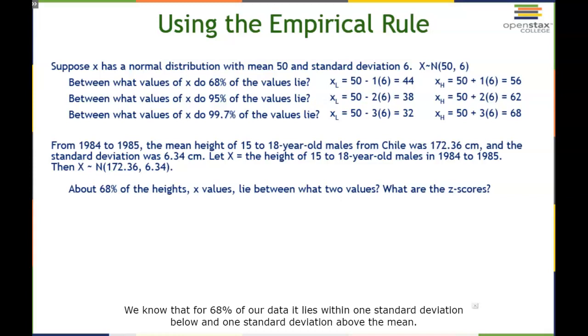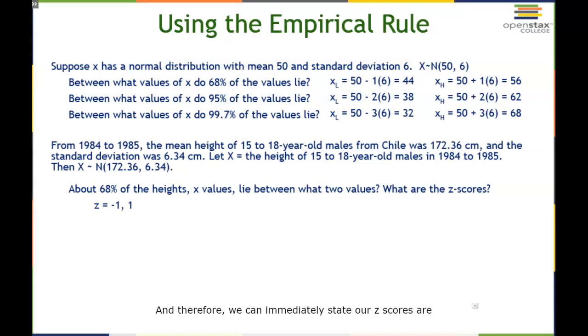And therefore, we can immediately state our z-scores are -1 because it's 1 standard deviation to the left and 1 standard deviation to the right, so our z's are -1 and 1. We still have to calculate what our x values are, but we can immediately say what our z-scores are.